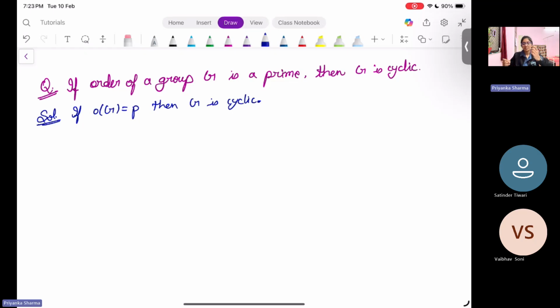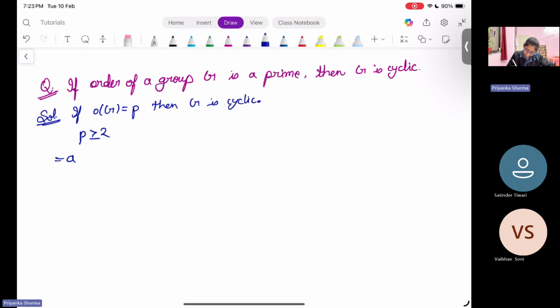Okay, so that is true. You can say all units are generators. But to prove that G is cyclic, we just need one generator, and that is sufficient. The order of G is prime and P is greater than or equal to 2, obviously.